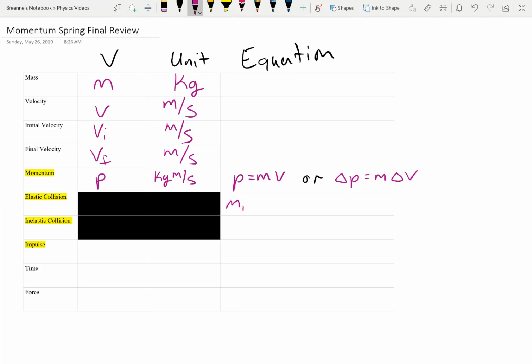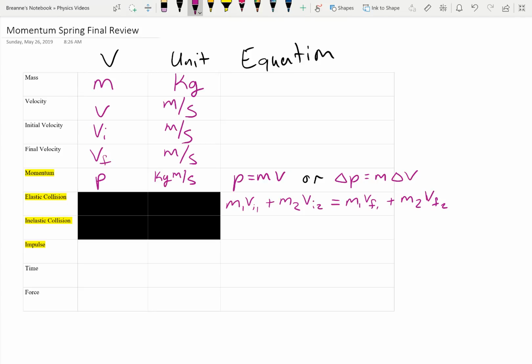You have M1 VI1 plus M2 VI2 equals M1 VF1 plus M2 VF2. And you can solve for any of those using that equation.